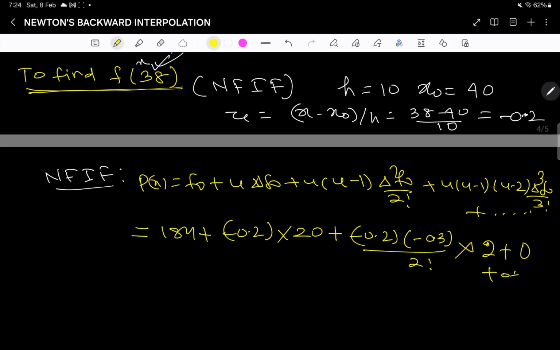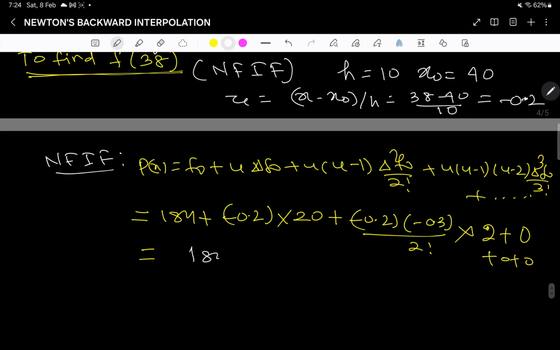So 0 plus 0 plus 0, no need to write, and I just simplify. After simplification it will give me 180.24. So therefore my f of 38 is 180.24.